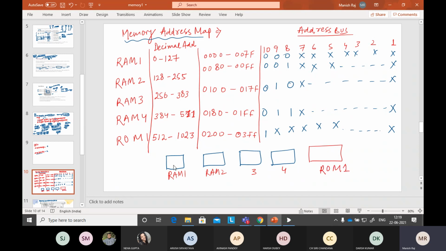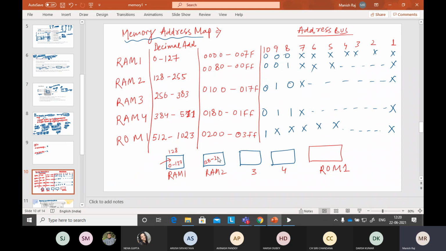Okay. Now how many bits are there? To count this, you can count from 0. The size is 128, so you can go from 0 to 127 in decimal. I am using this part up to 127.